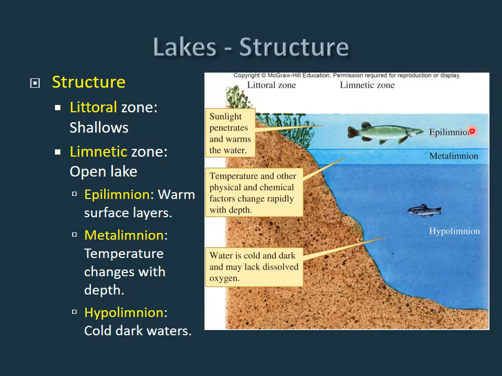The metalimnion is still the transition between cold and warmer, but instead of summer, warm on top, cold on bottom, in winter it's cold and frozen on top and warm on bottom. This is a really important feature of lakes, because instead of completely freezing solid and everything dying out, the bottom of the water staying warmer and not freezing allows those things to live throughout the winter.